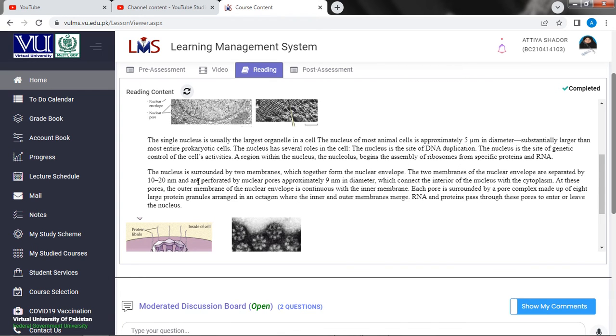The nucleus is surrounded by two membranes, which together form the nuclear envelope. The two membranes of the nuclear envelope are separated by 10 to 20 nanometers and are perforated by nuclear pores, approximately 9 nanometers in diameter, which connect the interior of the nucleus with the cytoplasm.